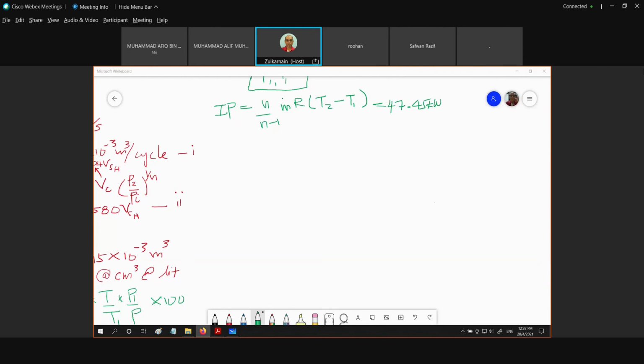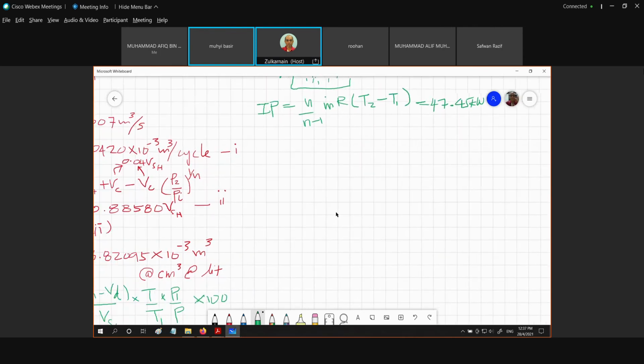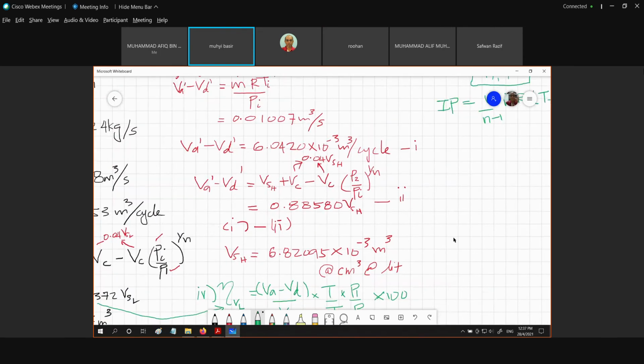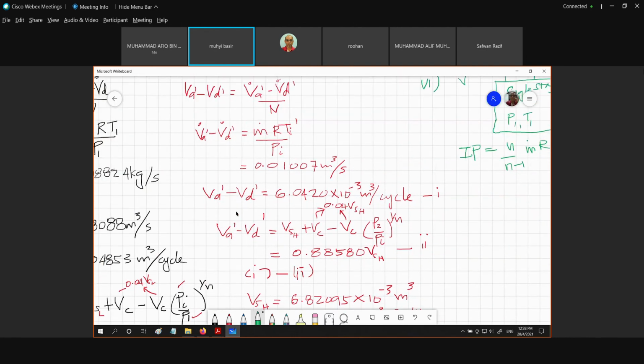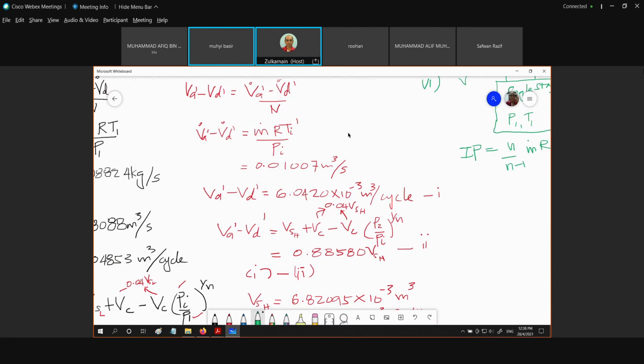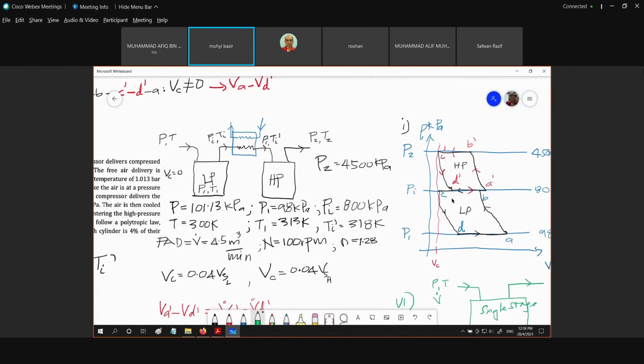Doctor, for the second question, the formula VA minus VD, I would like to ask. VA minus VD equals VSL plus VC minus VC bracket P2 over P1. For the minus VC bracket P2 over P1, which area does it refer to in the diagram? This one. VA prime minus VD prime.